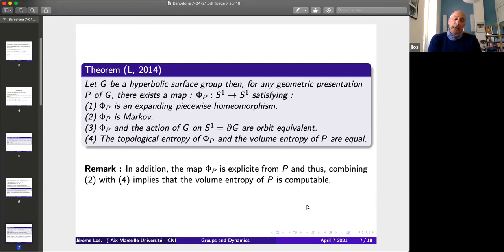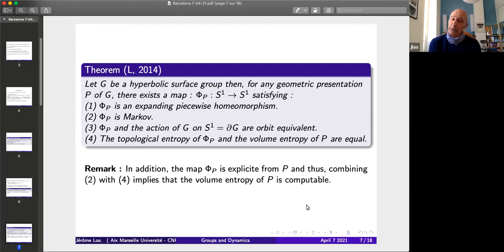And now the analog of the theorem by Bowen and Series in this setting of combinatorial groups is the following. It was published in 2014. You take a surface group, and you take a presentation which you assume is geometric.